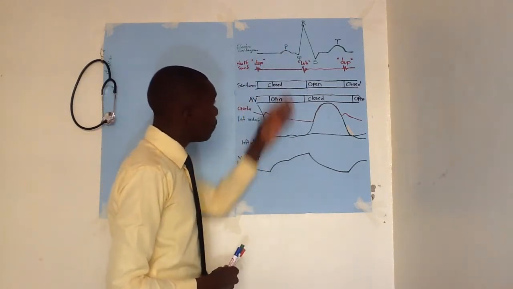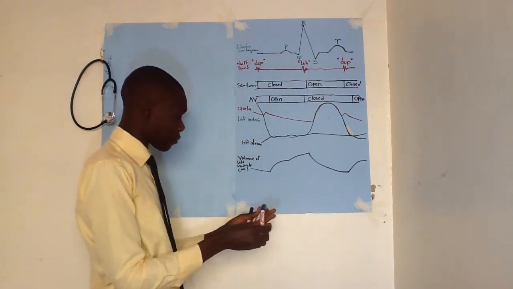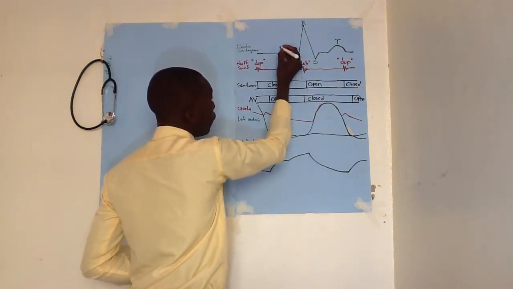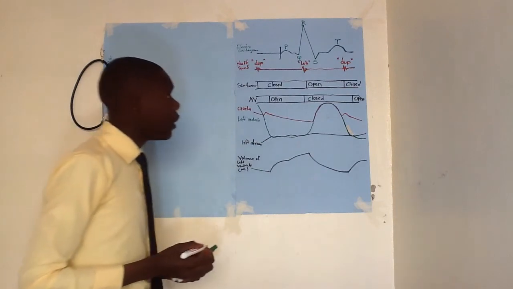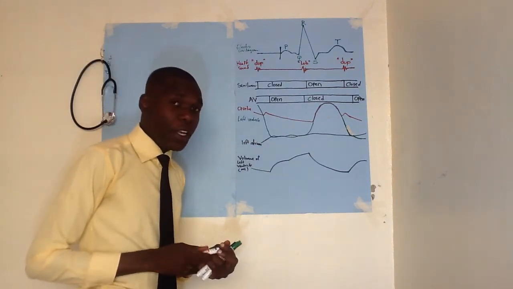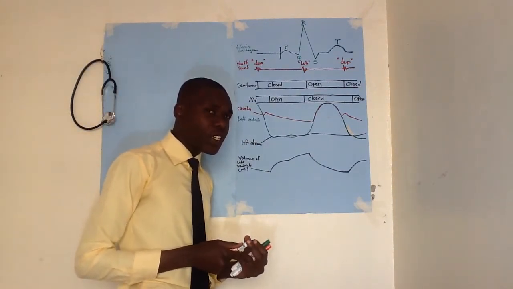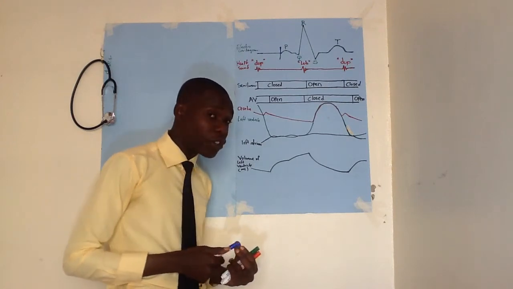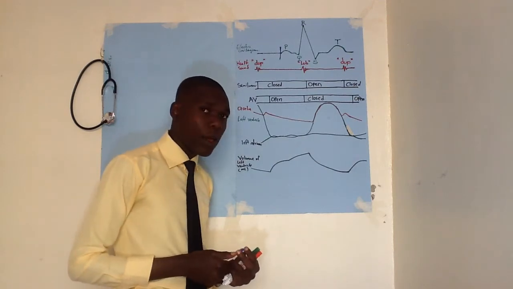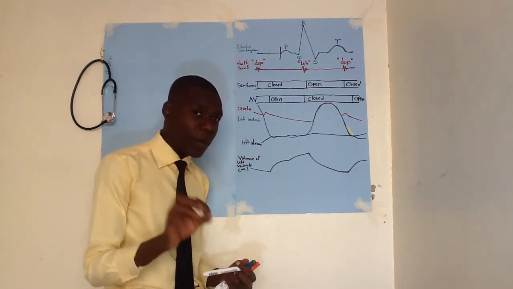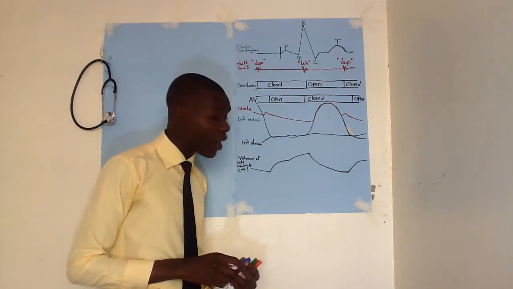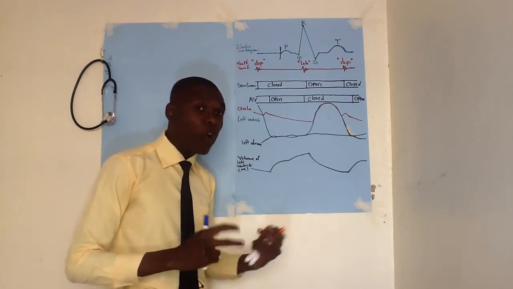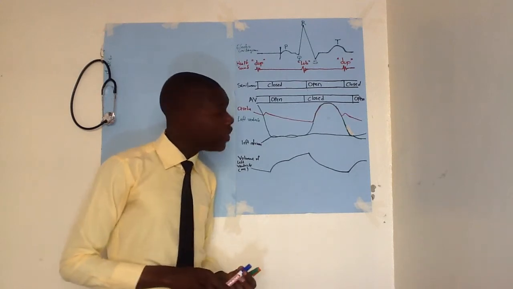During the P wave, we are starting from this point. The P wave represents the charge picked up from the muscles of the heart when the atria are contracting. So what is happening here?